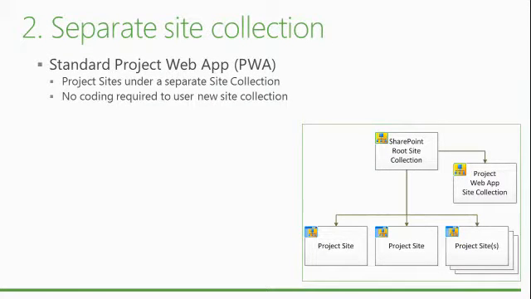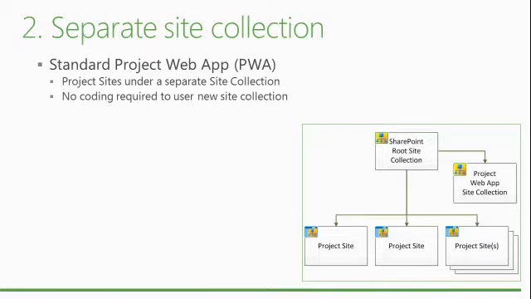And that would be, let's place the project sites in a standard SharePoint site collection. This is totally supported out of the box. In fact, when you create Project Web App, one of the first things it does is ask you where you want to put those sites, and by default it will be where it's going to create PWA.